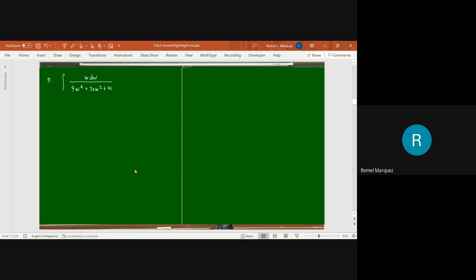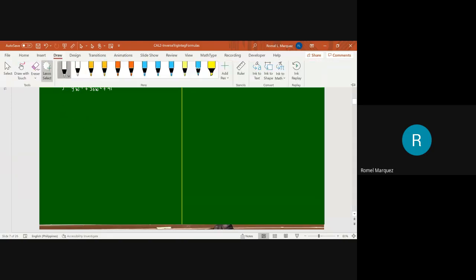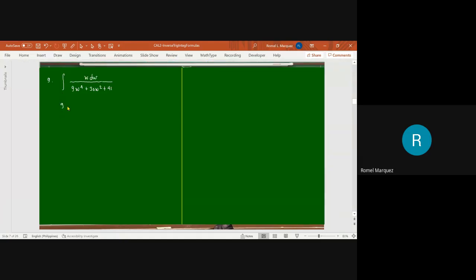We need the help of algebra to express the denominator in the form of u squared plus a squared. So let's get that denominator: 9w to the fourth plus 30w squared plus 41.